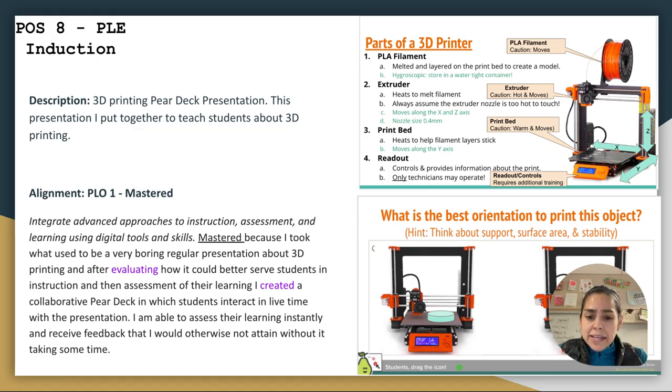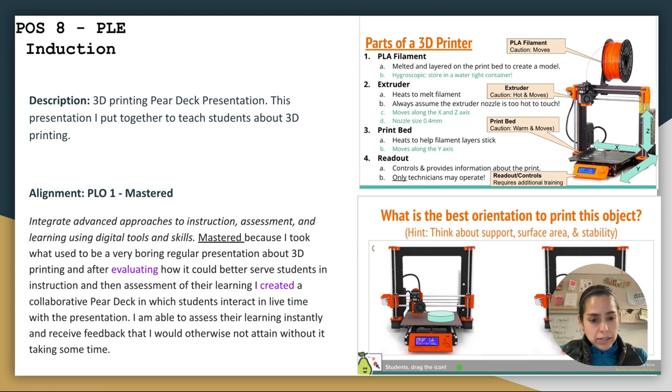I decided to use Pear Deck, which is often used in elementary or even in language arts or social science, but I decided to use it for my robotics class.